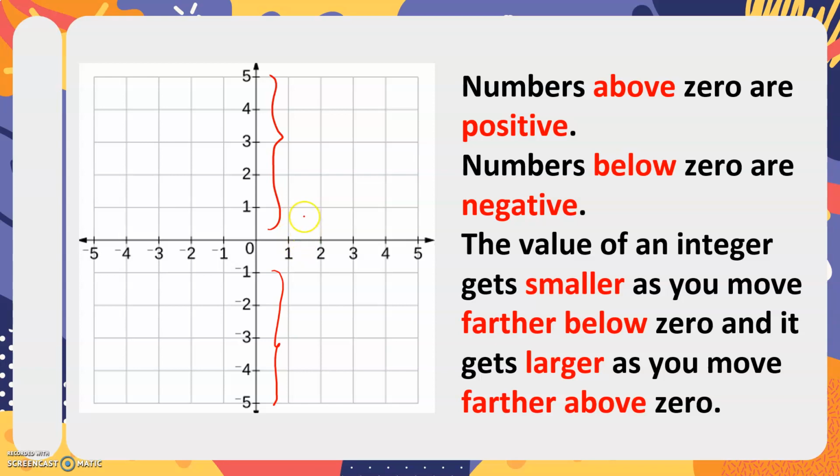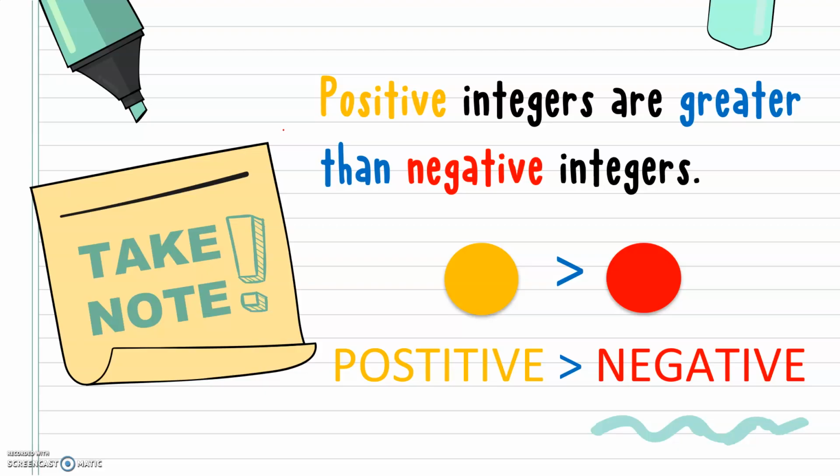This time, the value of an integer gets smaller as you move further below 0, because below 0 are the negative integers, while the value of an integer gets larger as you move further above 0, because again, above 0 are where the positive integers are. Always remember that positive integers are always greater than negative integers.